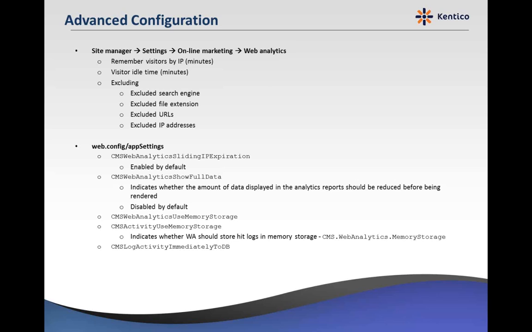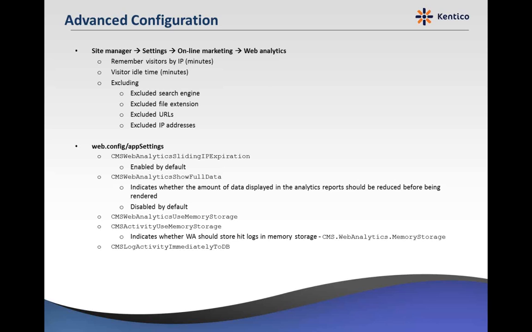When it comes to the web config settings having impact on web analytics, the situation tends to be a little bit different. I was talking about the possibility to track visitor status using IP address earlier, right? So I mentioned that when the specified time expires, the system removes the tracked IP from memory, and next time a visitor with the same IP hits the website, they will be logged as a new unique visitor.